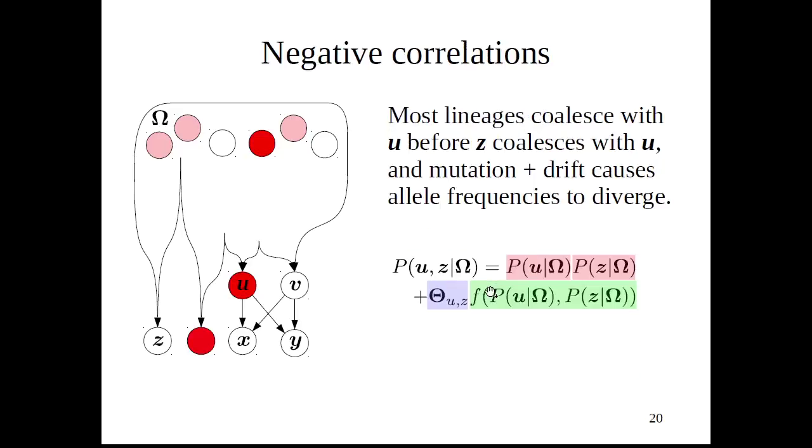And so I said this also gives us an idea of what's going on with negative correlations. Say we use a genotype, we're learning something about the allele frequency in the population leading to U. But if there's some population subdivision, and drift has been acting independently in the two populations, then the relationship between Z and U might not be very informative because of these two separate populations.